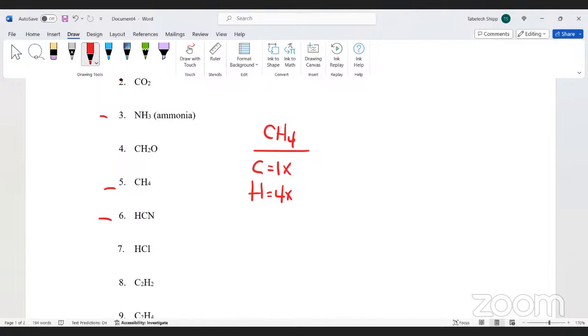On your periodic table, as a recap, every element in group 1 has 1 valence electron. All the elements in group 2 have 2 valence electrons. We skip groups 3 through 12, and then we move on to groups 13 through 18, where you drop the 1, and that tells you the valence electrons.